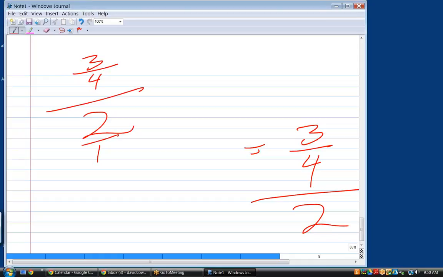So how do we divide a fraction by a fraction? Flip it and make it a multiplication problem. What's that equal to? No, 3/8.